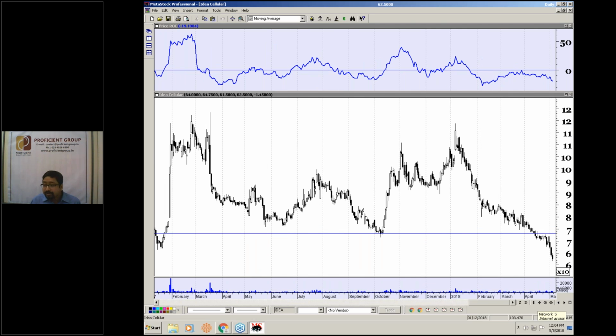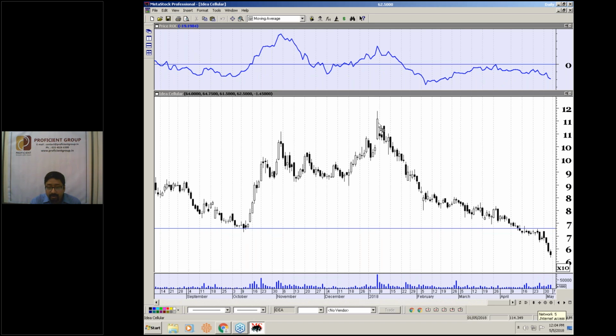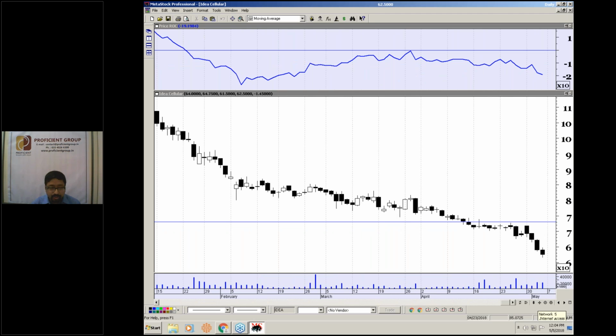A stock has fallen from 150 odd levels, 120 odd levels to 80 odd levels. That is, it has lost 33% of its value, and still it remains a good selling candidate. So Idea Cellular had qualified in my criteria of triple screen trading system. And whenever there was a little bit of pullback, I had given this stock as a selling candidate.